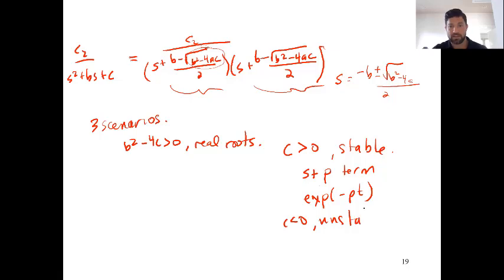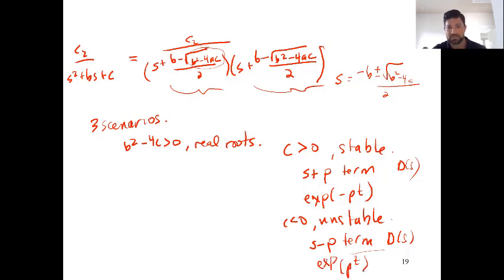The reason is that this term right here becomes bigger, and so it's going to give me, in the denominator, an S minus p term. An S minus p term in the denominator is going to give me an exponent of p times t when I take the inverse Laplace. So that's why this would be unstable.